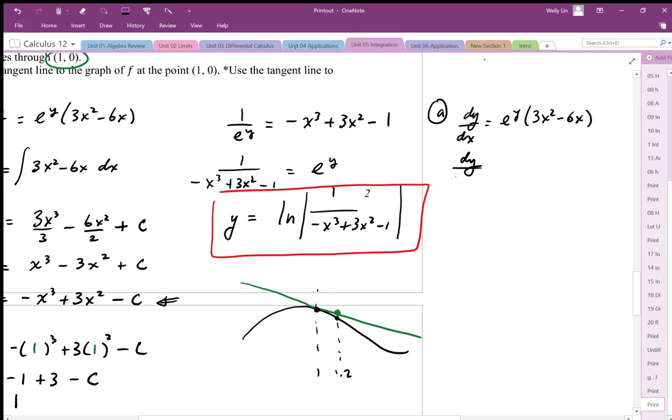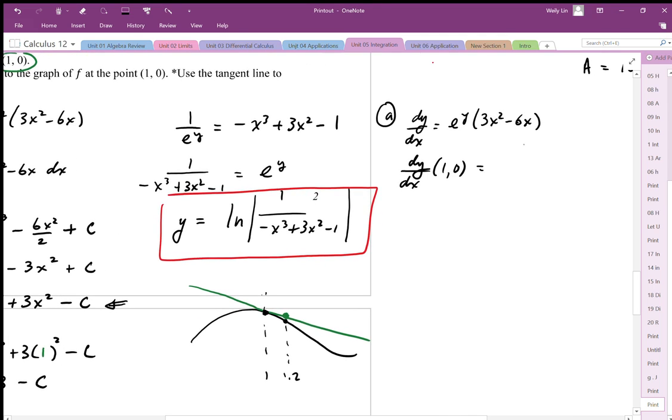I'm going to plug in my x and y, and that will calculate the slope value. So I end up with e to the 0, 3 times 1 squared minus 6 times 1, and that gives me a value of -3. So that represents my slope.